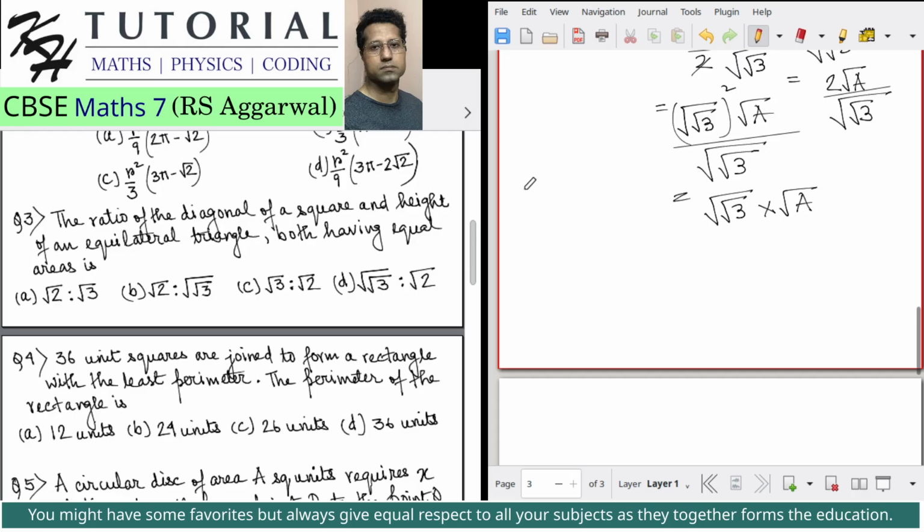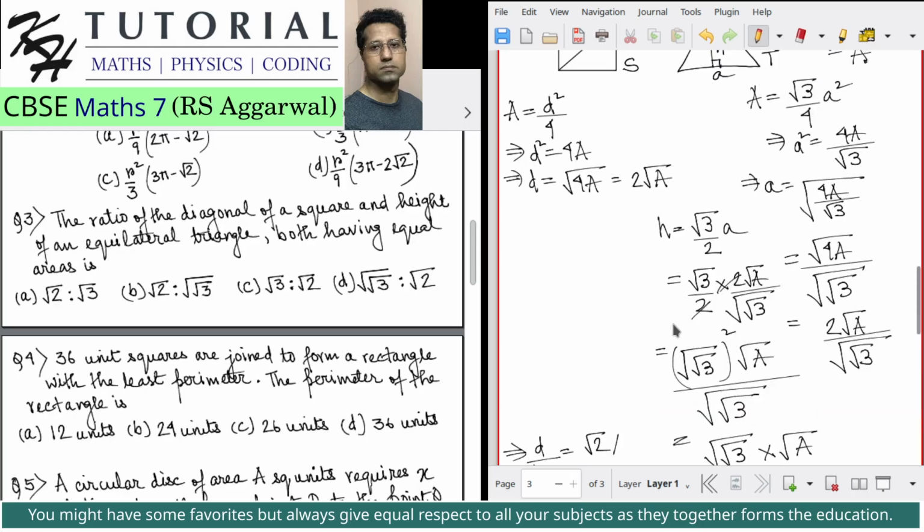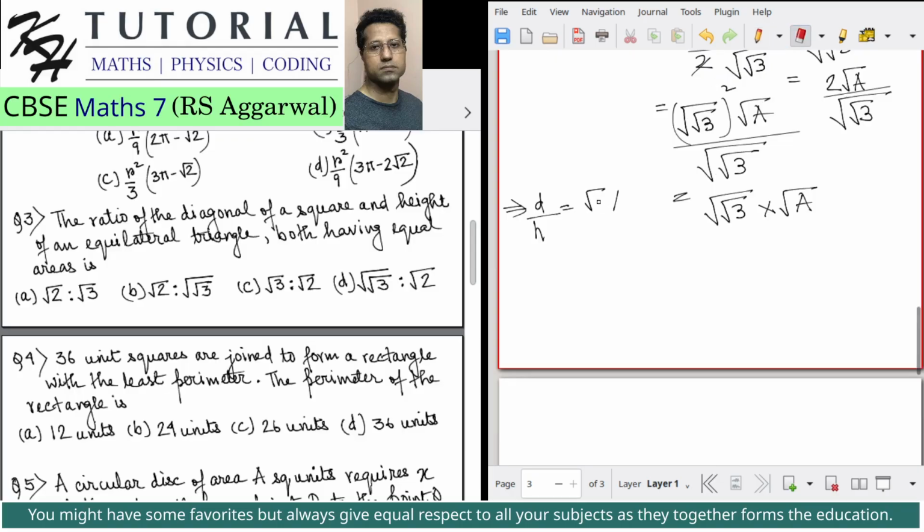So now the problem has asked the ratio between the diagonal and height. So D by H will be equal to square root of 2. What was D? D was 2 square root of A. So D is 2 square root of A, divided by square root of 3 multiplied by square root of A. So square root of A cancels out.